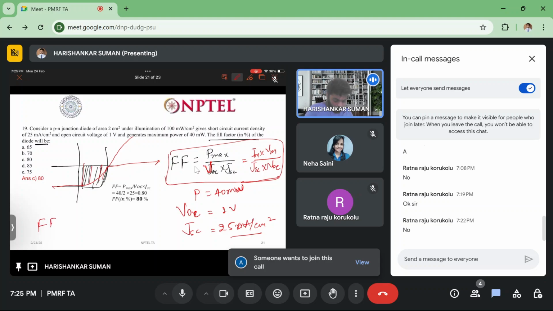So let me tell you, P max, you know the power is I into V, but you can see VOC is given, right, but JSC includes the area.